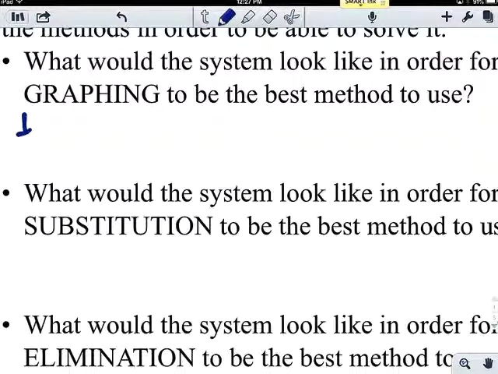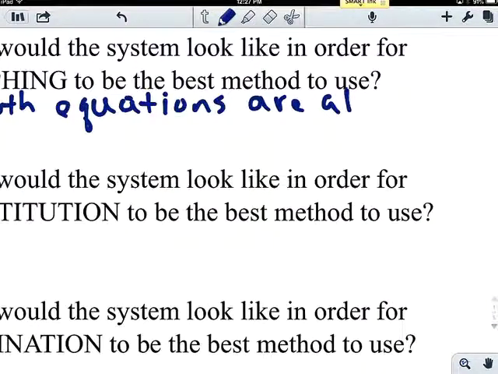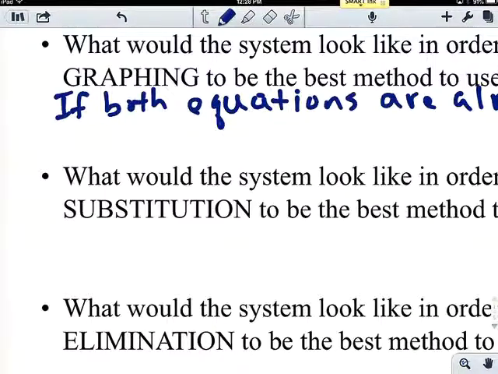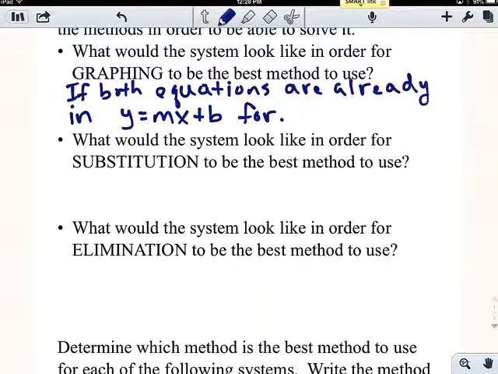So let's say that if both equations are already in y equals mx plus b form, then we want to use graphing.